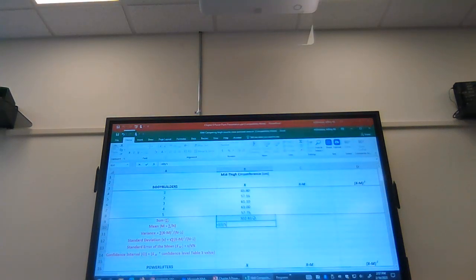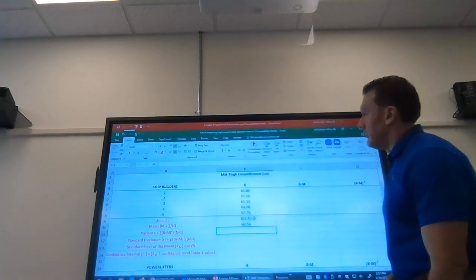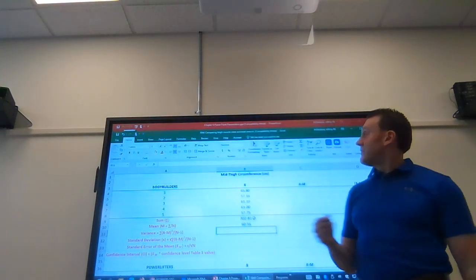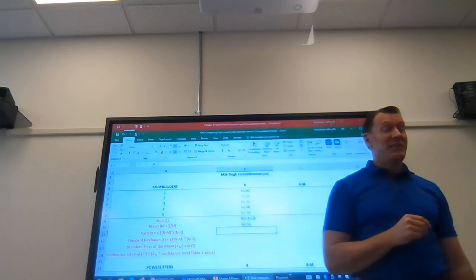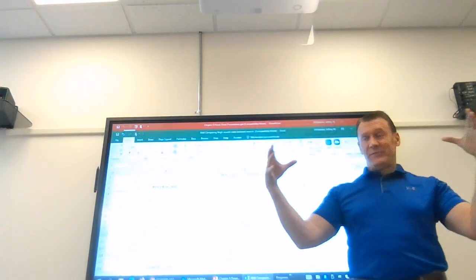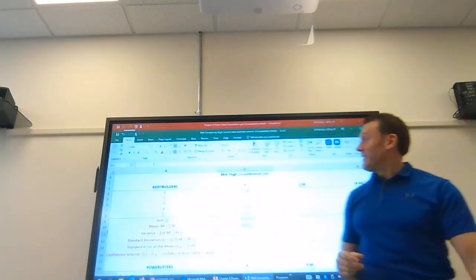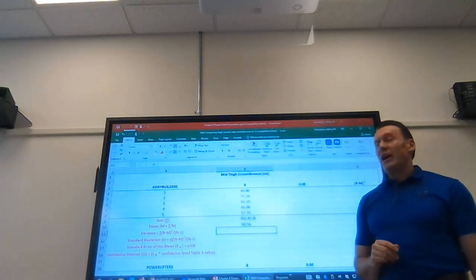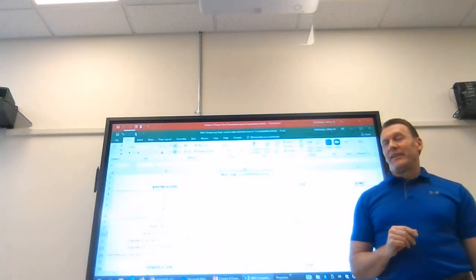So enter, and there's your mean. So the mean mid-thigh circumference in centimeters. These guys had tree trunk type legs here. The mean is 60.56 centimeters.